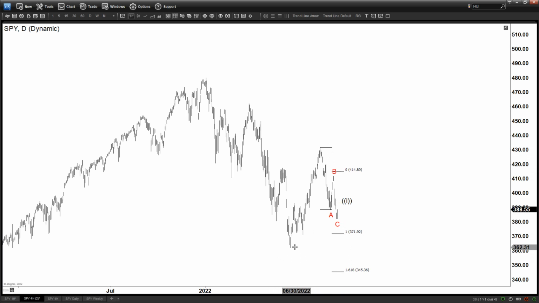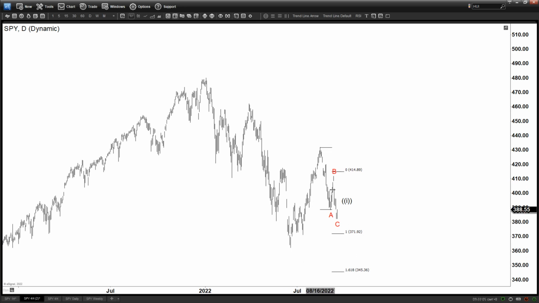But until we break below this previous low in June, technically we are still somewhere in the middle of this high and this low. This is what we call a no man's land, technically speaking. You never know whether this is the low or it will break lower. If it breaks below here, it's going to open up a bearish sequence, favoring the downside.